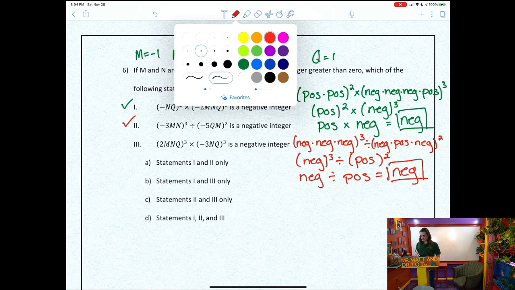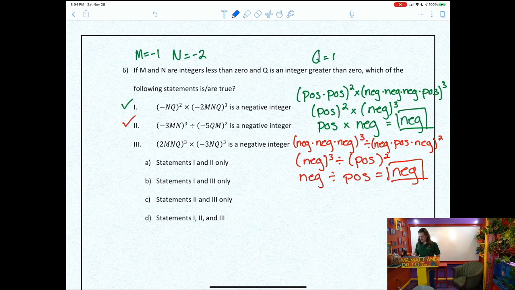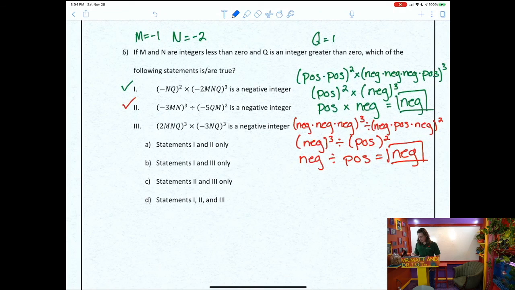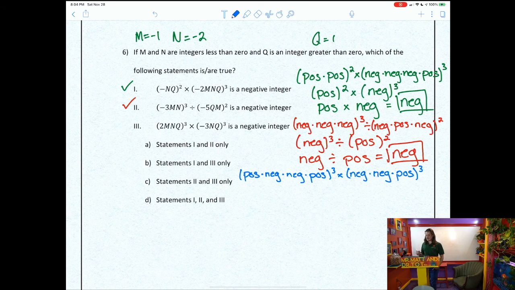And lastly, we have statement number 3, 2, which is positive, times m, which is negative, times n, which is negative, times q, which is positive, quantity cubed, times negative 3, which is negative, times n, which is negative, times q, which is positive, quantity cubed. Positive times a positive times a negative is negative. That negative times a negative will be positive. That positive times another positive will be positive.